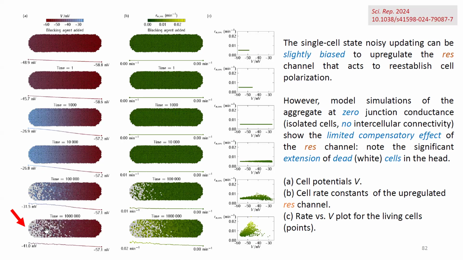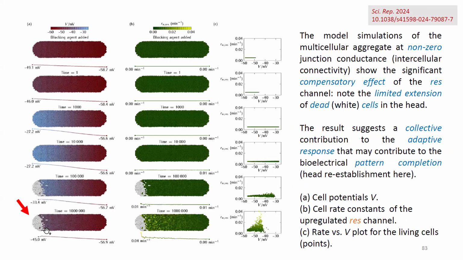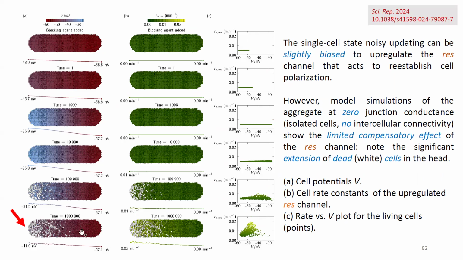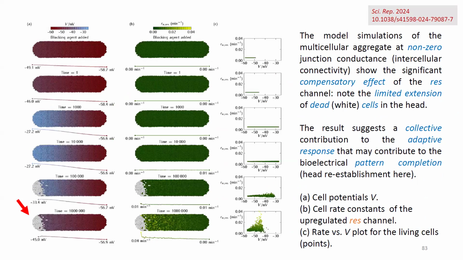And this extension to the system, when we connect the cells, is quite limited in the sense that the bioelectrical buffer effect can limit the damage here clearly. So it seems that the model predicts not only a single cell state effect, but also a bioelectrical and multicellular effect, which is due to the cell connectivity in this case. This is at least the prediction of the model, which shows the importance of connectivity in model simulations.